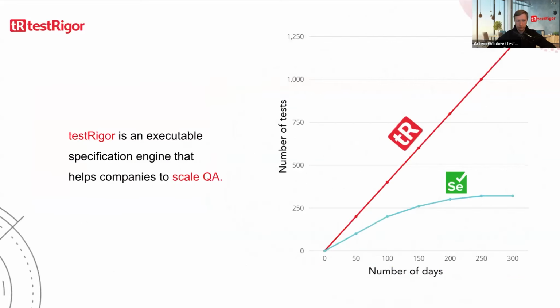This basically makes it a full-time job to just maintain the tests. And this is exactly what testRigor solves for our customers. It helps our customers to scale their QA automation efforts and helps QA automation engineers to actually build automation instead of constantly sitting and updating existing tests.